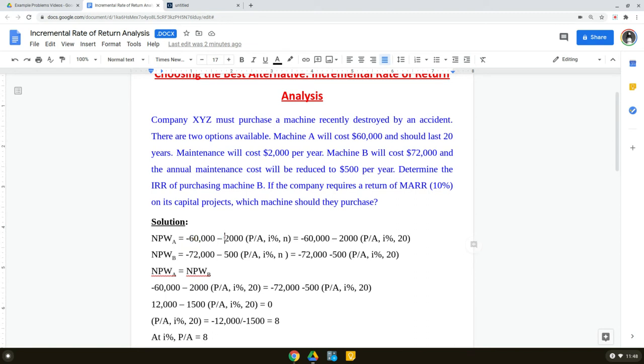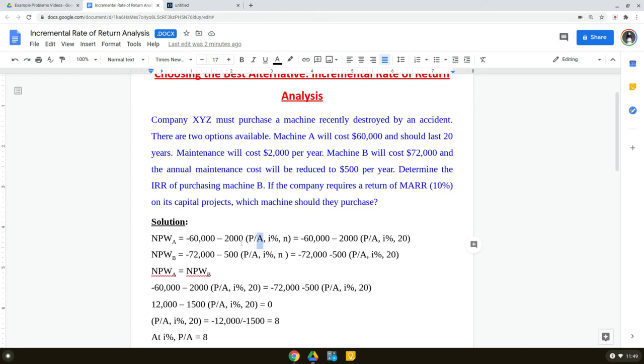Then we have $2,000 every year, so we need to find the present value of all those future cash flows of $2,000 per year for 20 years, which we indicate by the letter A. It's a uniform annual cash flow.